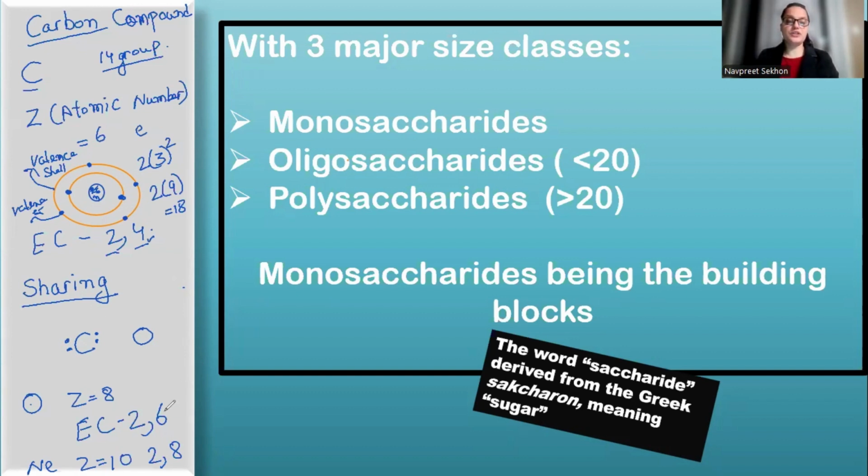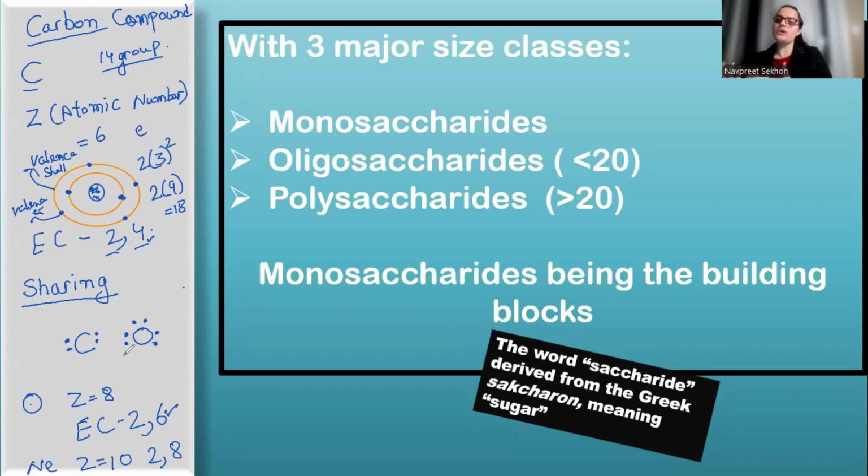Now, in the outermost shell of oxygen, there are 6 electrons. So we will draw 6 electrons around oxygen. So what deal can be there? The deal is that whenever I want to feel like a noble gas, I will count your shared electrons as if they are mine.